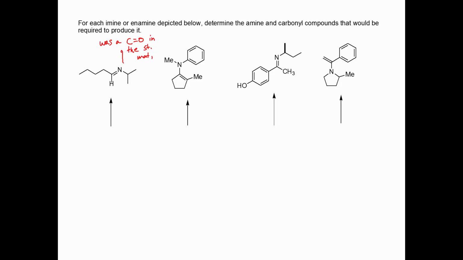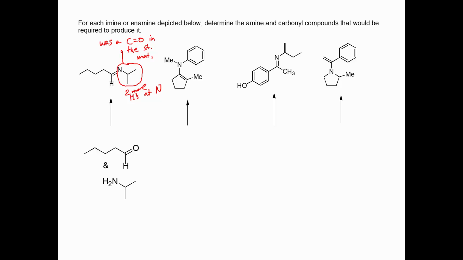Just erase nitrogen and put oxygen there. Okay, and we're looking at the amine part. Recognize that when we made water, we've lost the carbonyl oxygen and we removed 2 hydrogens from the amine. So the amine part will have 2 more hydrogens at nitrogen. All right, so the amine and carbonyl are these two.